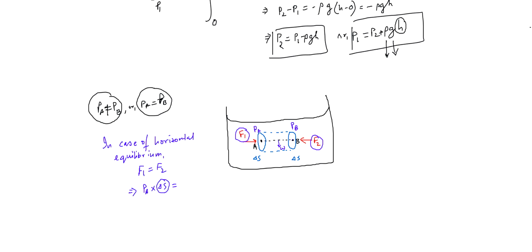What is F2? PB multiplied by delta S. This delta S will cancel out, so PA will be PB. This is what we wanted to find out. So PA not equal to PB is not true at all; this is the correct one. The pressure is the same at 2 points at the same horizontal level.